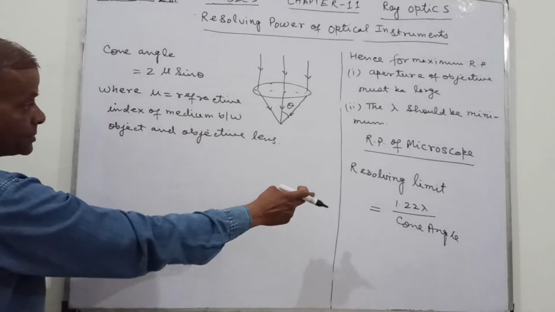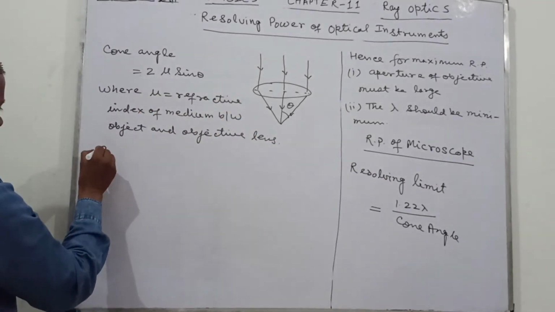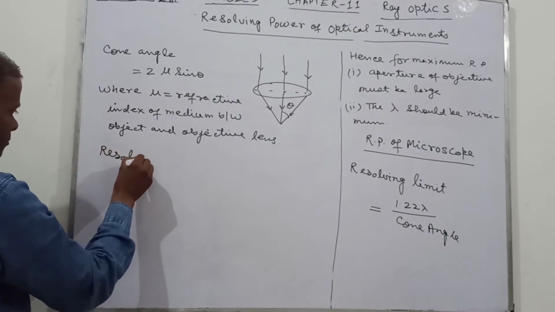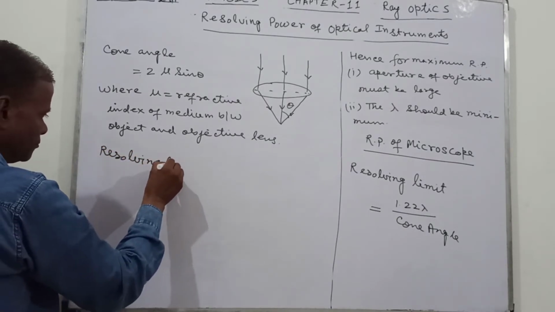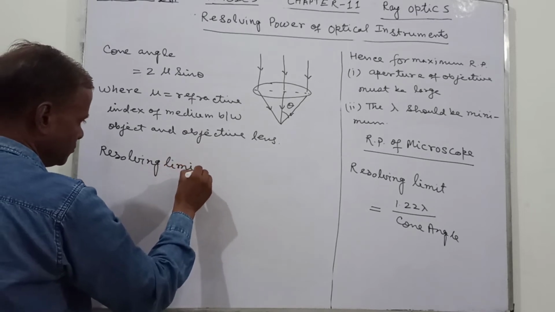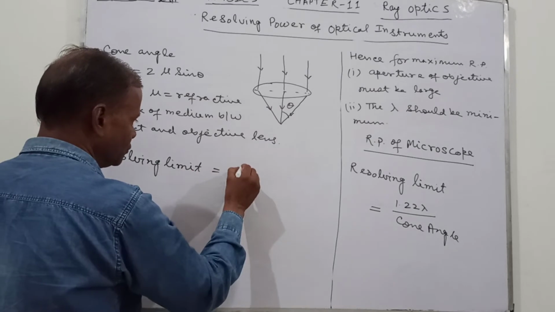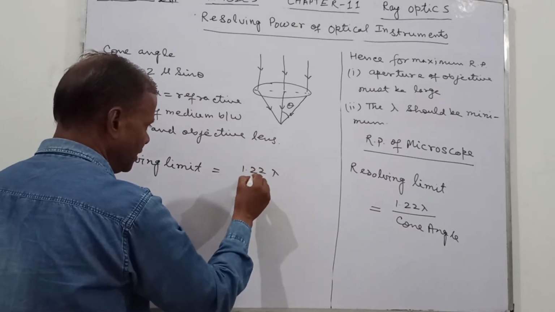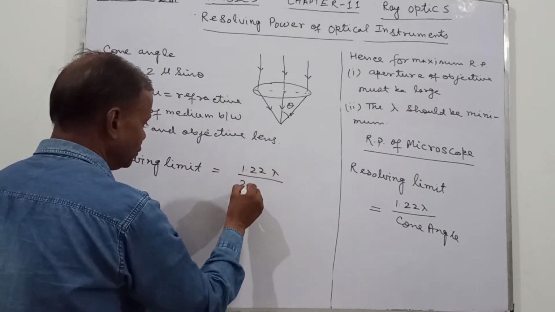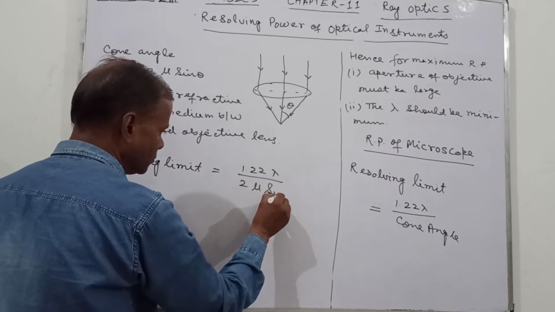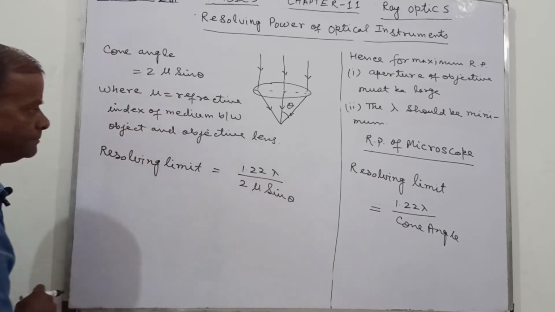So the resolving limit is equal to 1.22 lambda upon 2 mu sin theta.